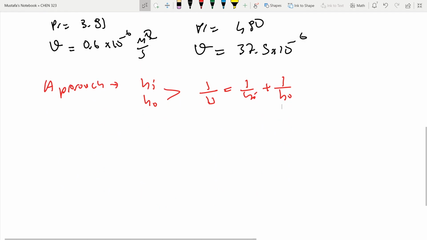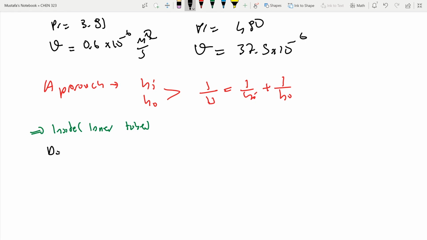So now let's focus on the inside of the inner tube. We know the diameter is 0.02. I would like to calculate the velocity, which is mass flow rate divided by rho times A_c. Mass flow rate divided by rho times pi d squared over 4, and this is for the inner side.